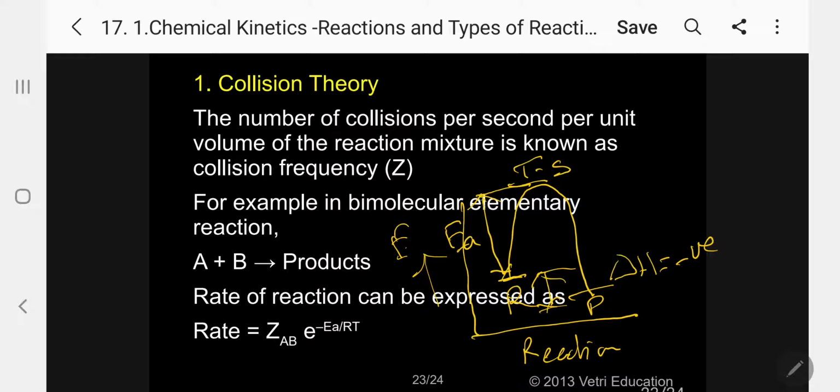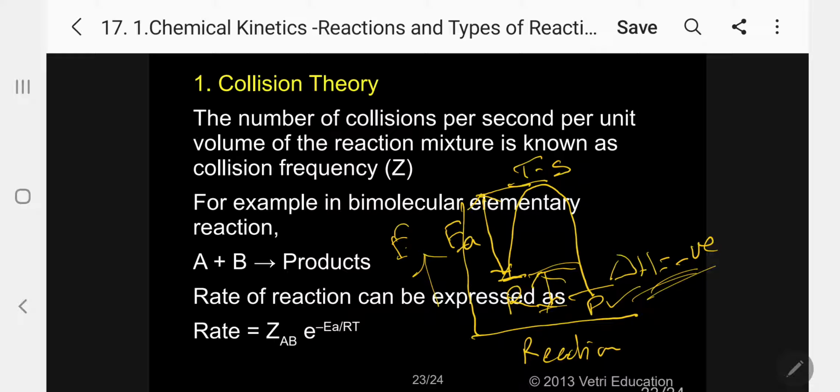After getting the energy of activation, they cross the energy barrier, going to the transition state and then coming to the product. After formation of the product, the excess energy is released, that is exothermic, delta H negative.